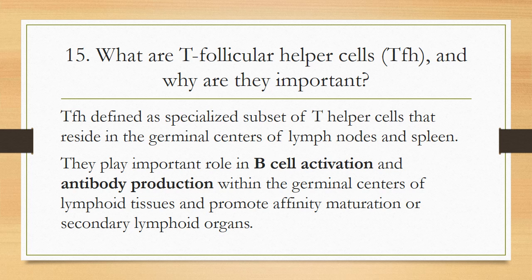So if the T follicular helper cell is a subset of helper cell, it also plays an important role in activation of B cells and antibody production within the germinal centers of lymphoid tissue and promotes affinity maturation.